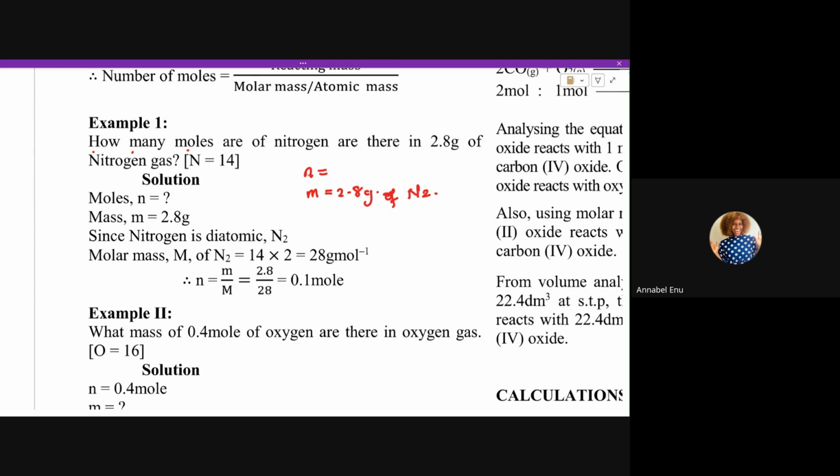So in a question like this, assuming we didn't have all of this in the bracket, the question could just end with this question mark. We don't know the number of mole, and we know the mass is equal to this. Then we should know, even without being told, that the molar mass of nitrogen is 14. There are elements whose molar mass we should normally know without being told, like nitrogen, oxygen, hydrogen, at least the first 20 elements.